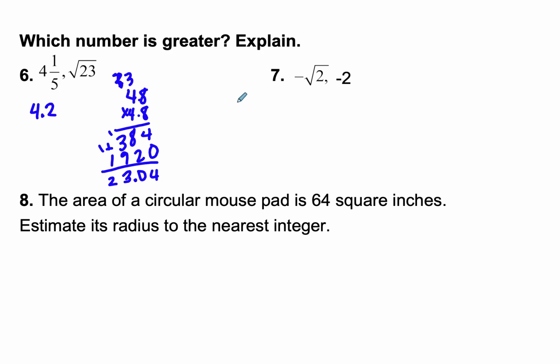Okay. Really, really super close there. So the square root of 23 is approximately 4.8. I see. This number is so close, I don't even really have to guess and check with anything else.